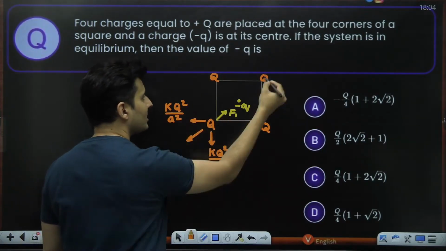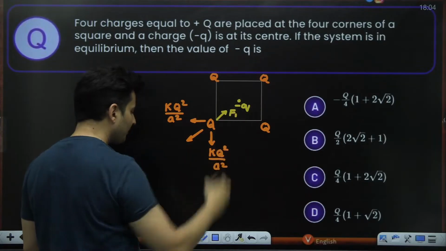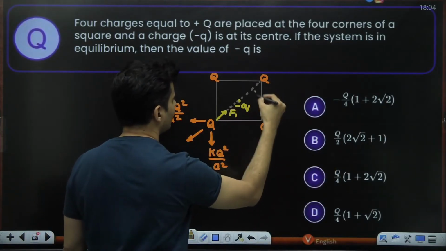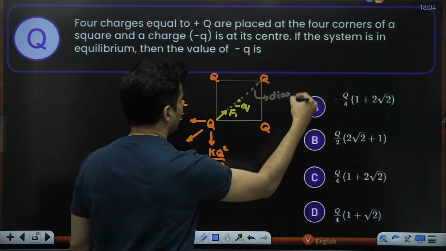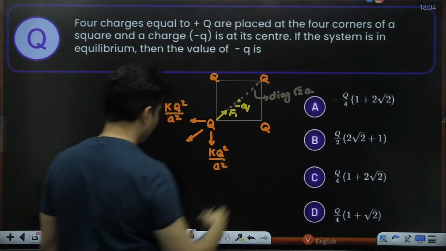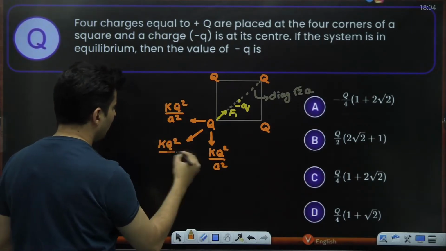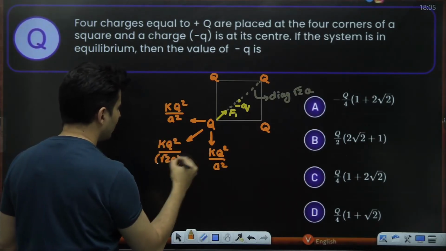This force between this charge and this charge, diagonally opposite, what is the distance? Well, the distance we already know, it is the diagonal length. Diagonal length is root 2 times A. So the force will be nothing but KQ square by root 2A whole square.